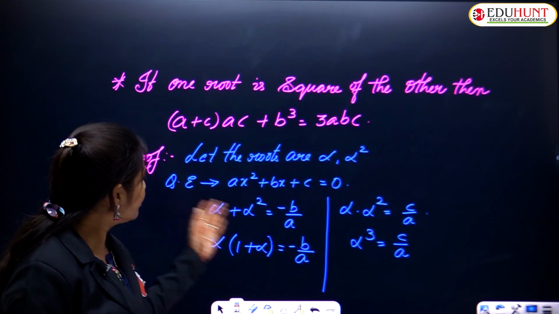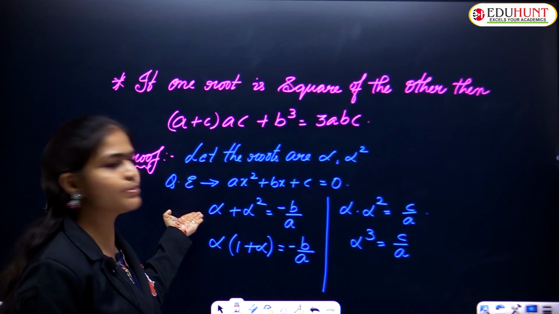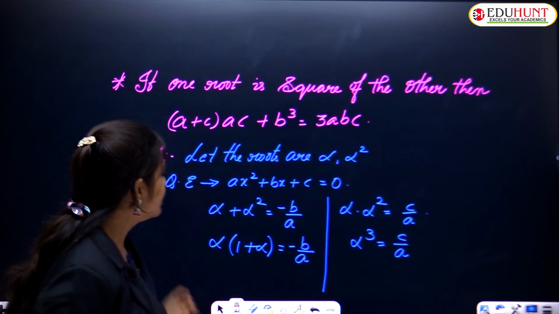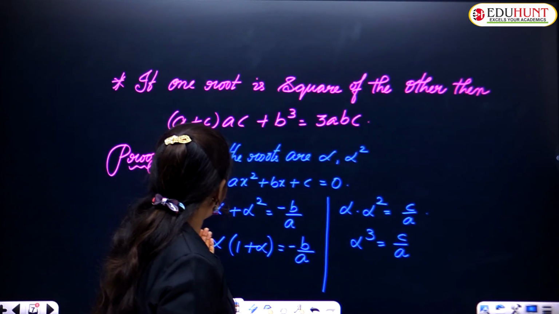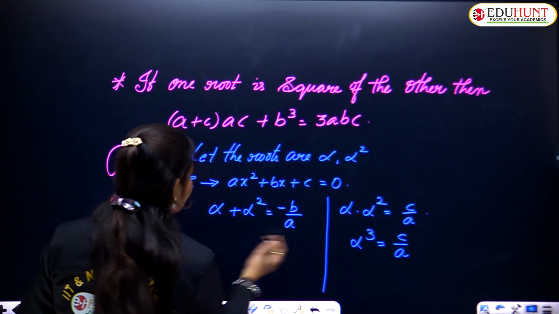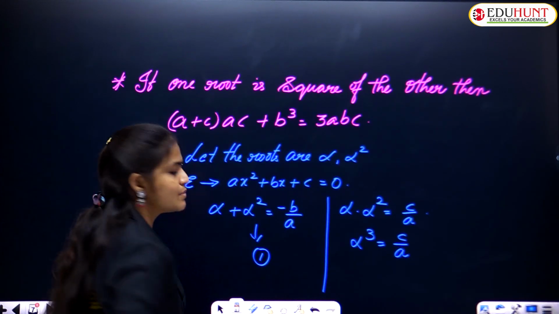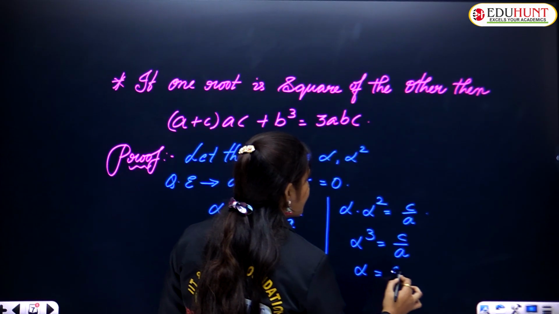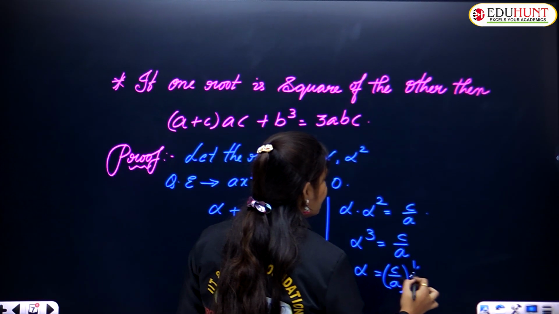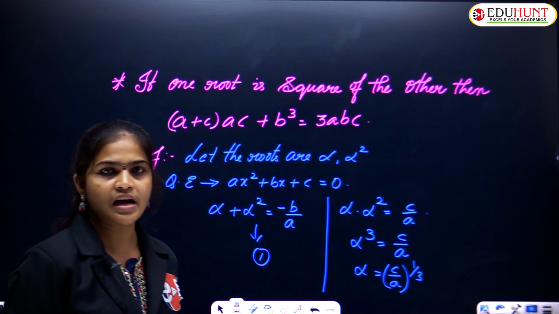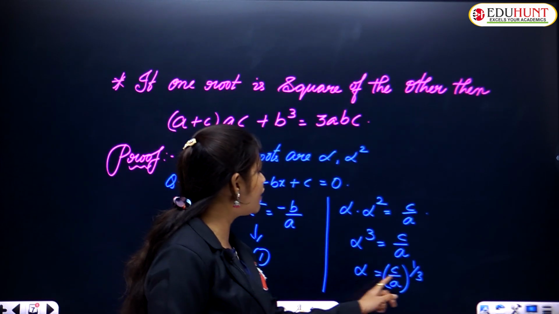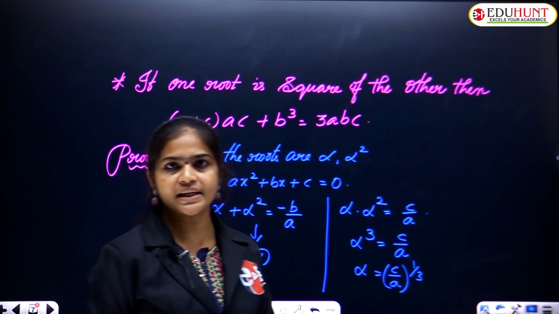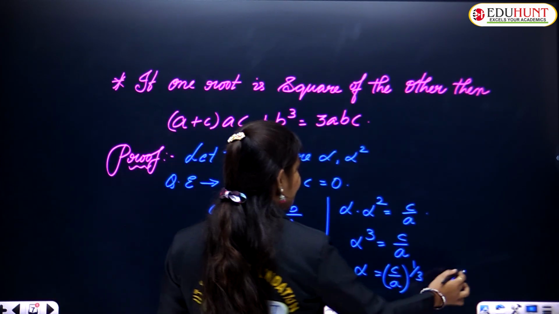So here you can use it directly like this, or else apply it to the other one also. So directly we will apply to this one. Let us take this as the first equation. From this, alpha cube is equal to c by a, so alpha is equal to c by a whole power 1 by 3. Now we got the alpha value, right?